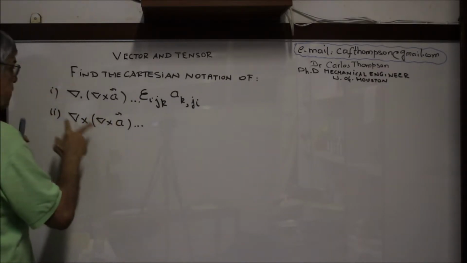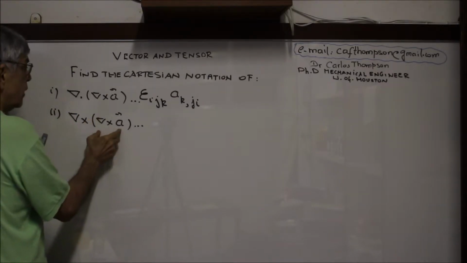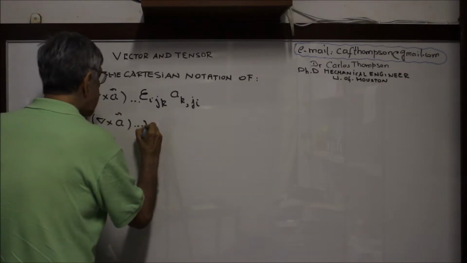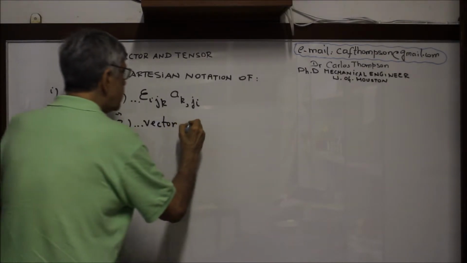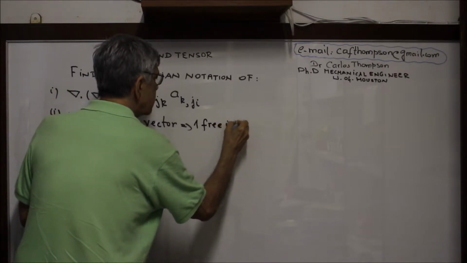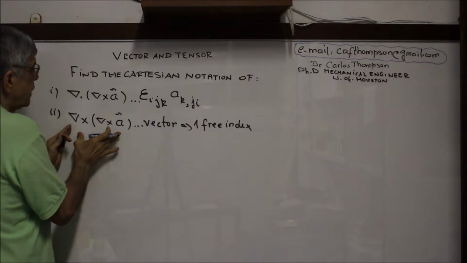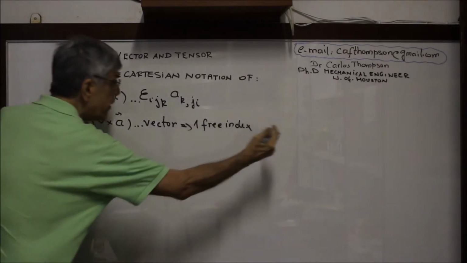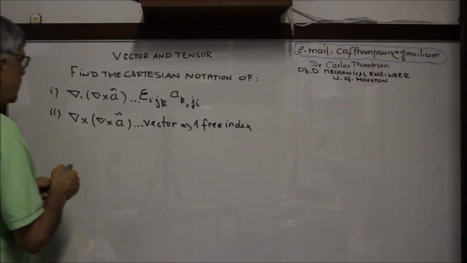Now, this is a vector quantity because a curl of a vector is a vector, which means that one free index. You see, when I use a Cartesian notation, the Einstein notation, in the final, we must have one free index.